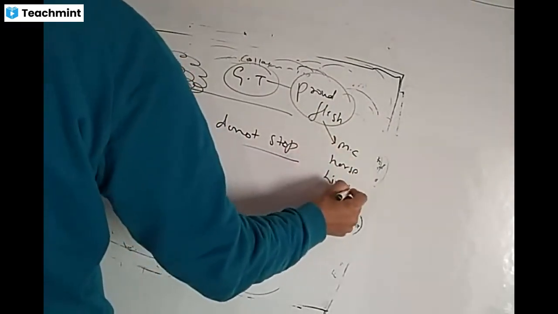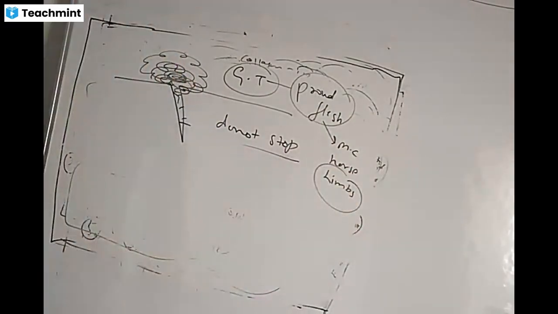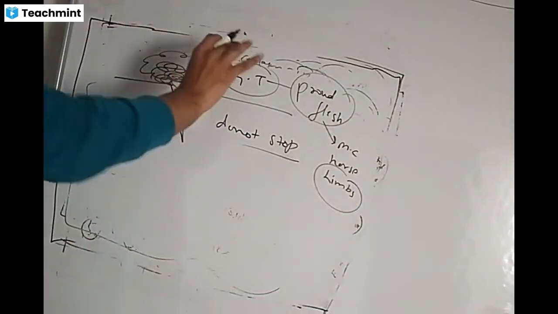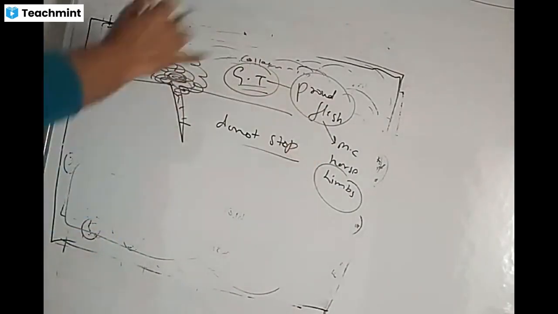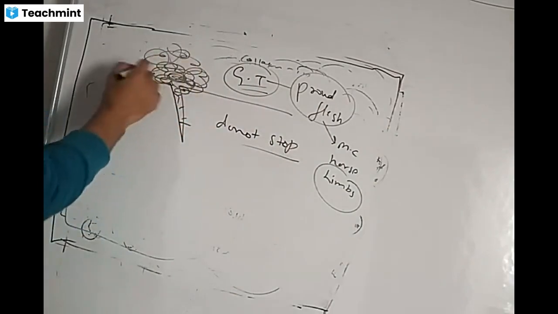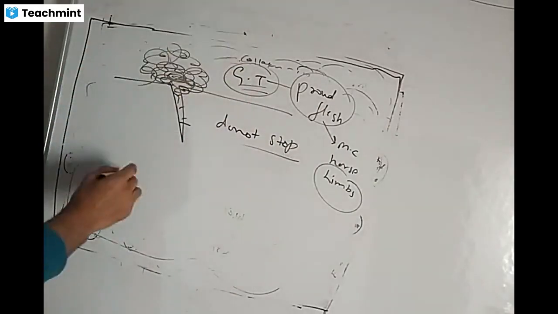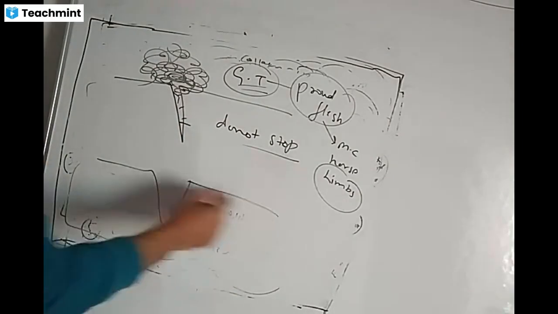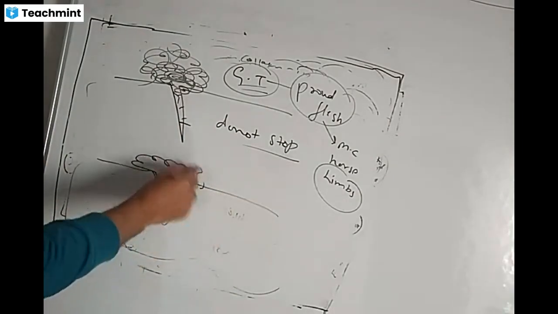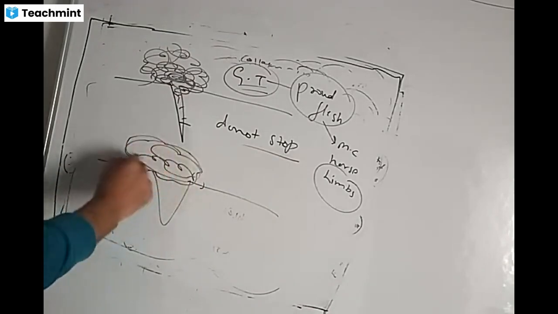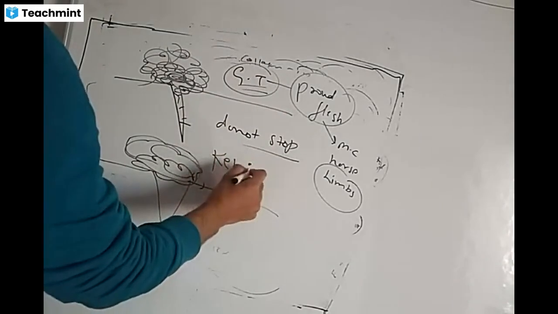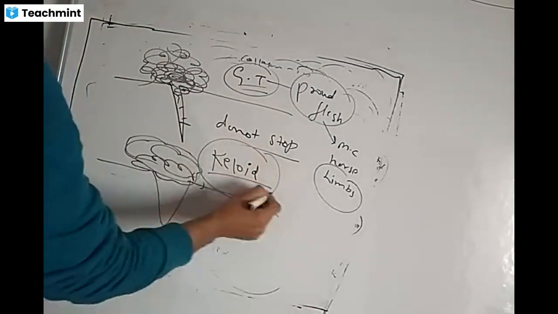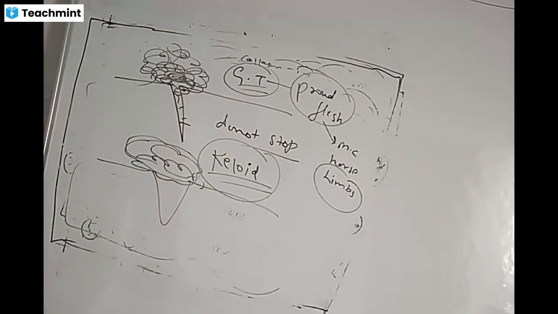Which part? Limbs. If it overgranulates, then it will come over the surface of the wound. Similar to this, if there is overproduction of collagen fibers or epithelium, the term used will be keloid. So keloids are nothing but extra deposition of collagen or epithelium.